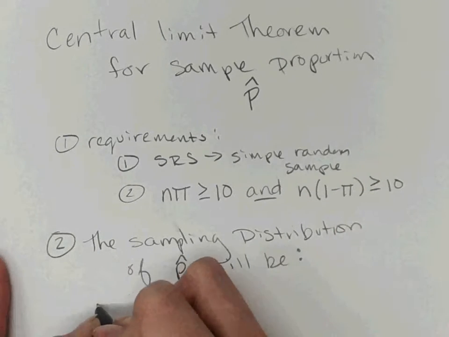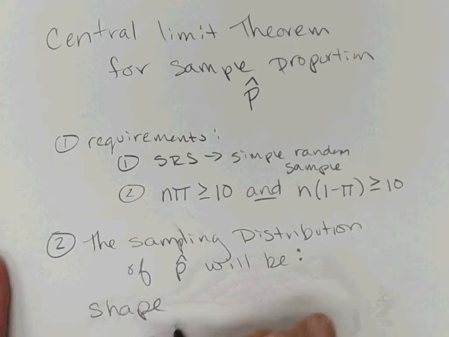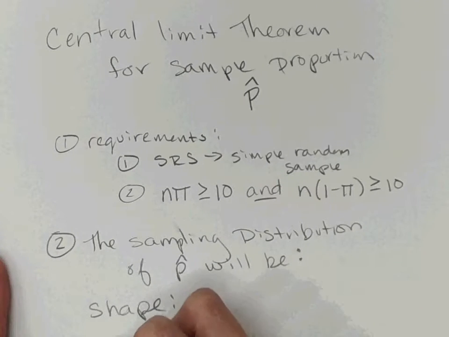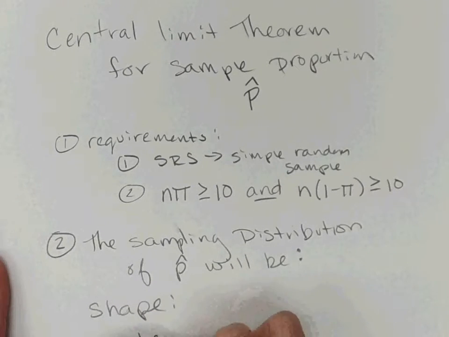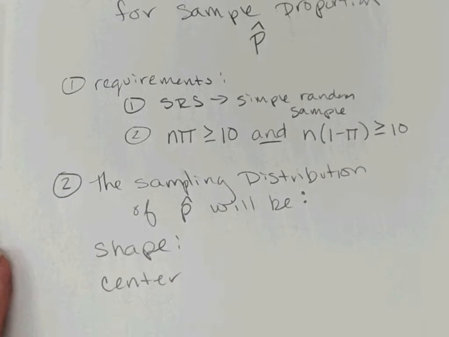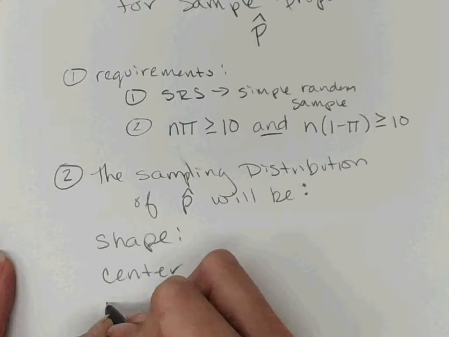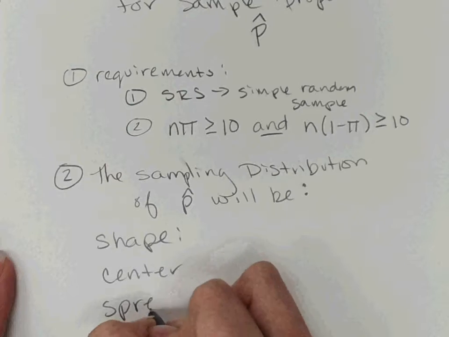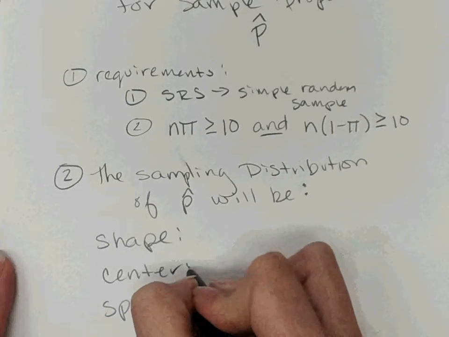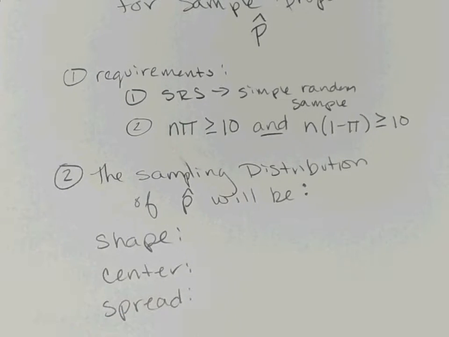And then we have a couple of things that it tells us. It tells us the shape of it. It tells us where the center is going to be. And it also tells us what our spread looks like. Now, this is helpful. Remember when we describe a distribution, we talk about the shape, the center, and the spread.